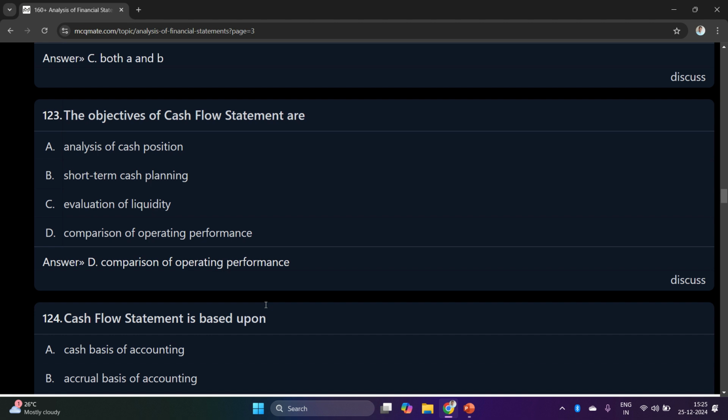The object of cash flow statement is comparison of operating performance versus short-term cash position. How can it be the objective?